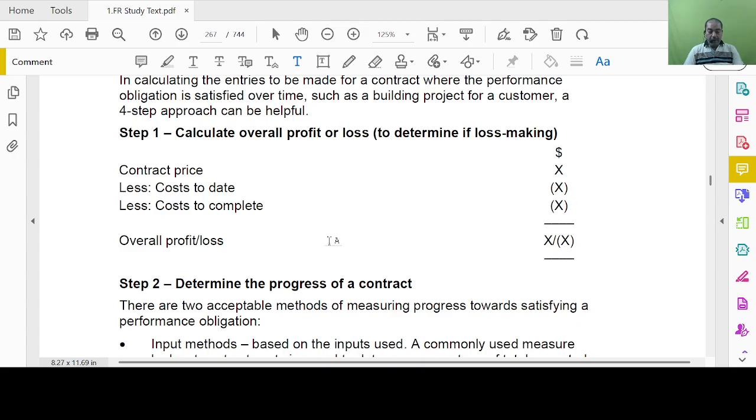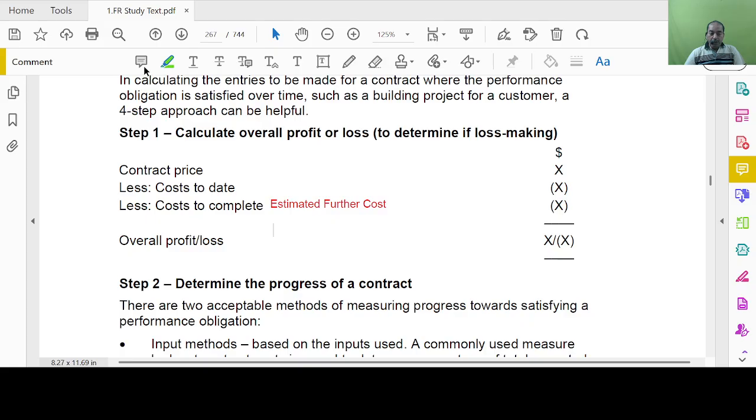So I'll just write over here estimated further cost. Okay, so actual cost incurred up to date and then estimated further cost.